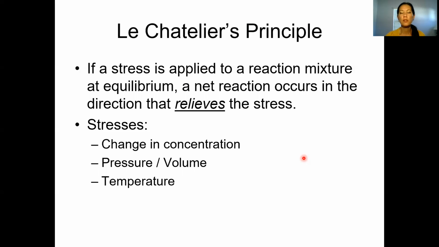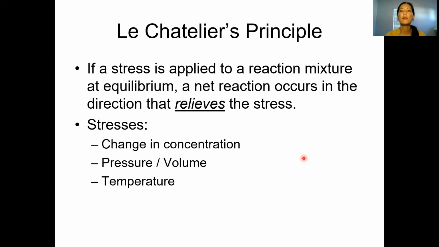So I already mentioned that a reaction at equilibrium, it's going back and forth. You get this steady state and a constant equilibrium concentration of reactants and products. But what if you mess with that system? What if you like poke that system? You either remove a reactant or add a product, change the temperature.